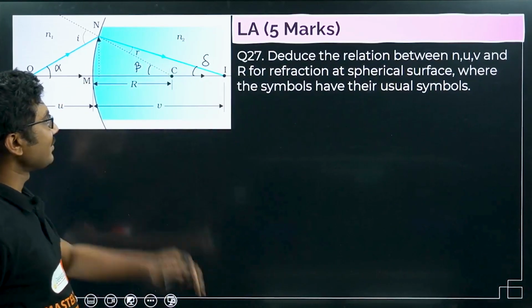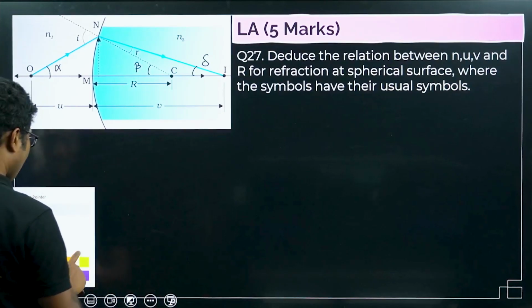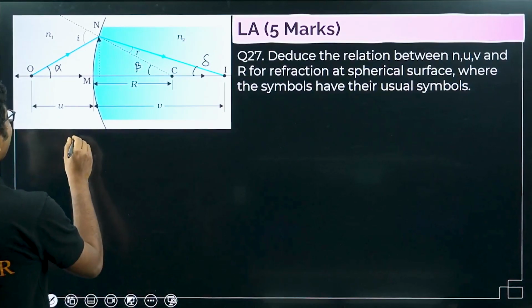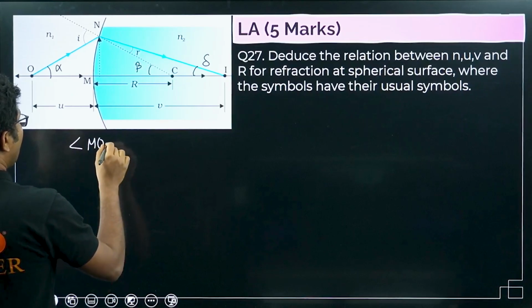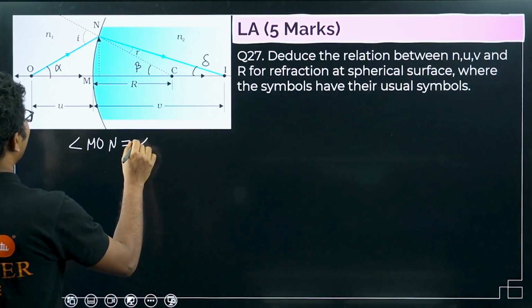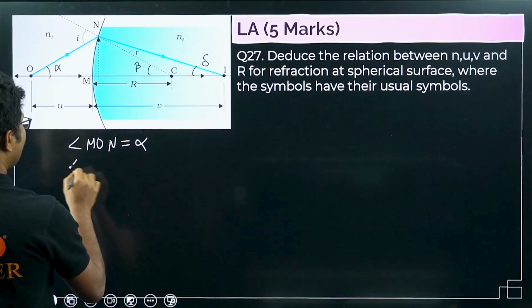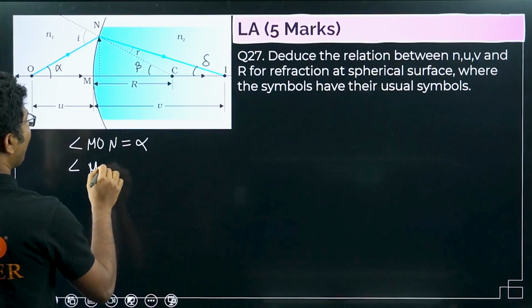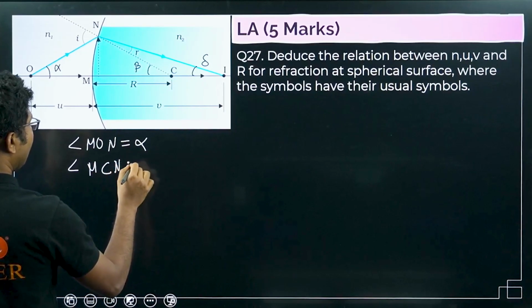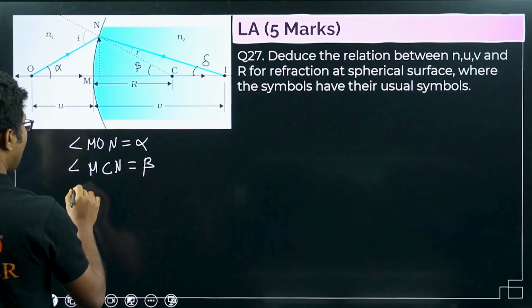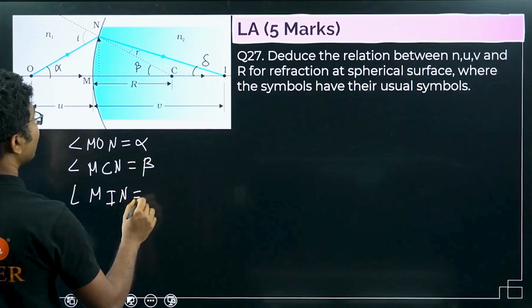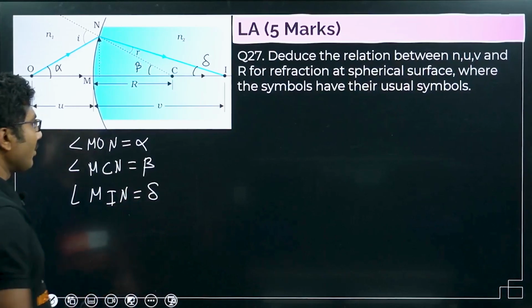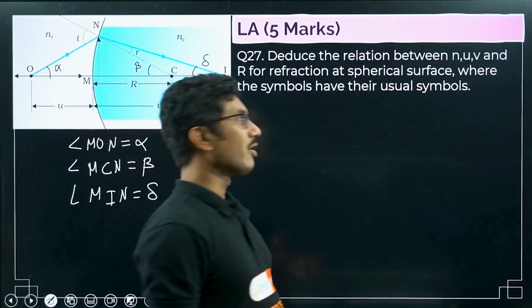We will just simply mention at the beginning of our writing, that we will mention angle MON equals to alpha, angle MCN equals to beta, and angle MIN equals to delta. Okay, so this will save our lot of time.